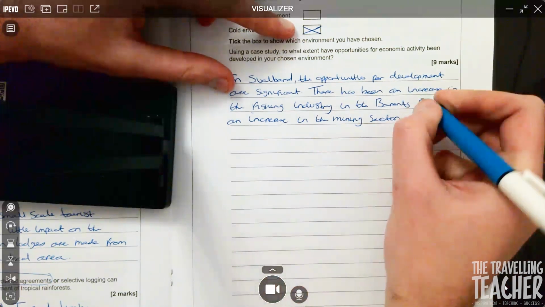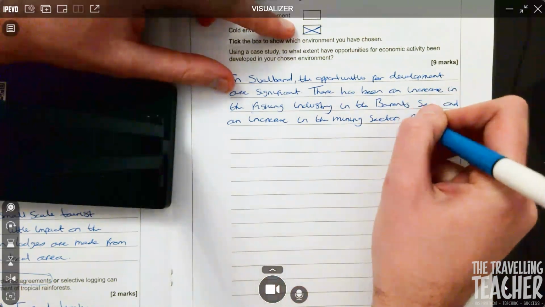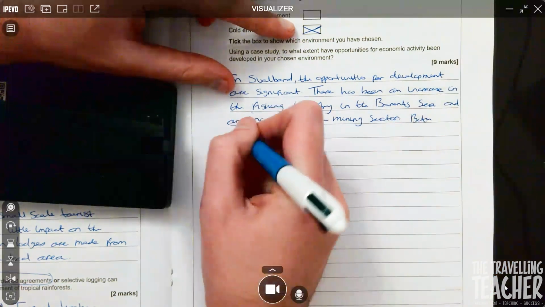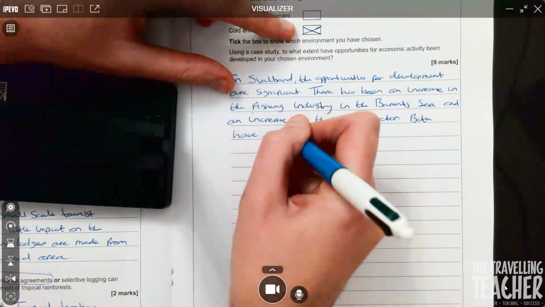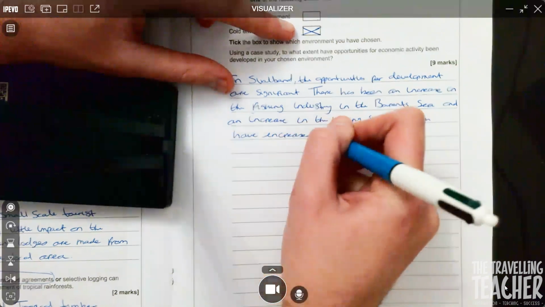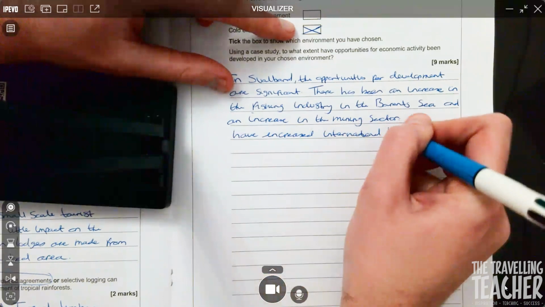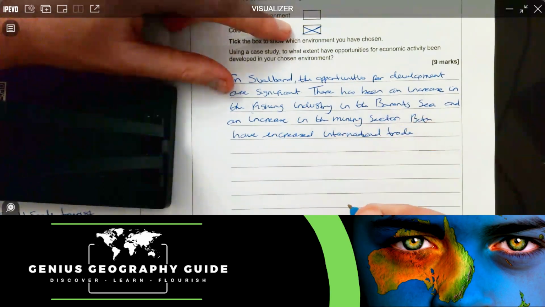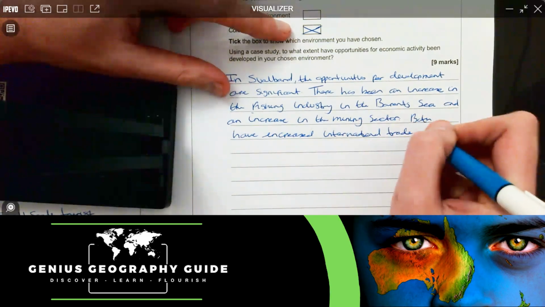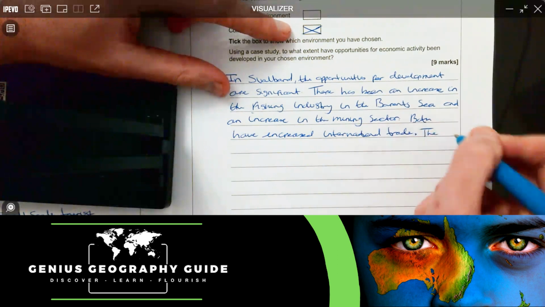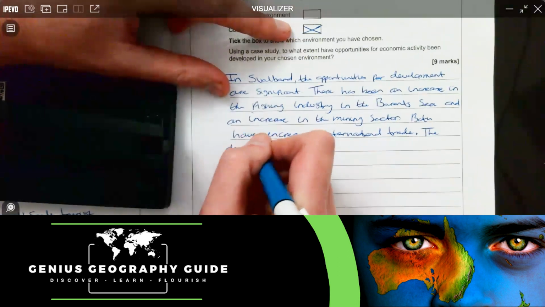Full stop. Both have increased international trade. Full stop.